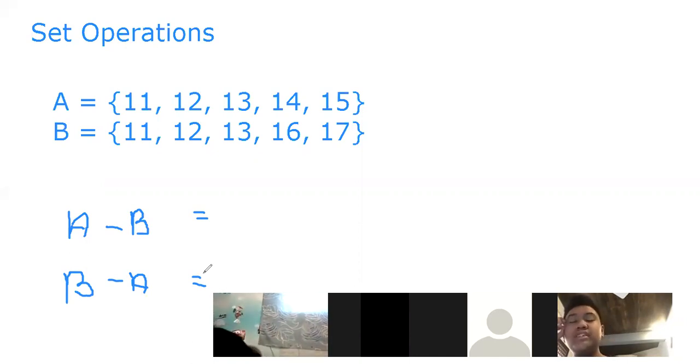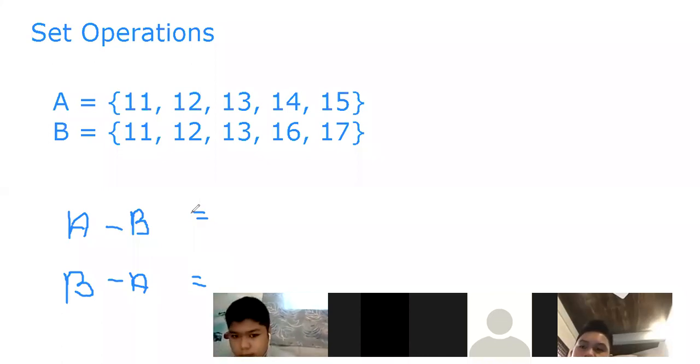So, the difference of set A and B, or A minus B, is the set whose elements belong to the set A which do not belong to set B. So, for example, kung ano yung kay set A na hindi naman belong kay set B. Okay?